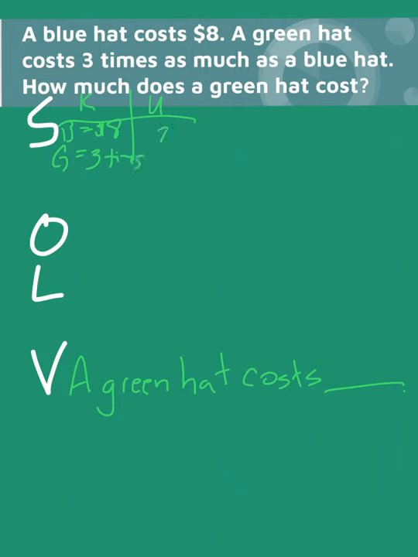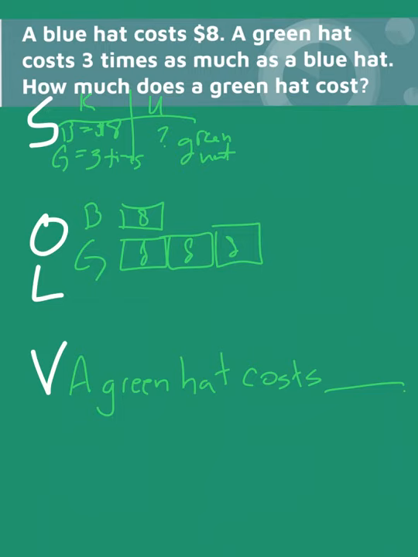We don't know what the green hat costs. So we're comparing, because we're saying that the blue hat costs $8 and the green hat costs 1, 2, 3 times as much. Okay? So if you label those boxes, you'll automatically see our answer.